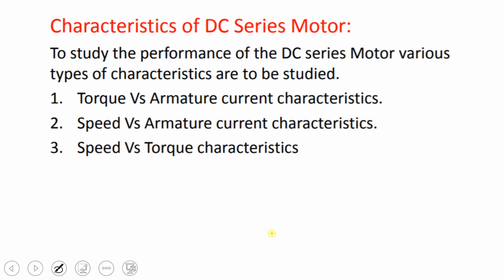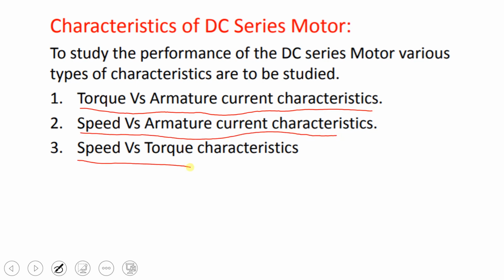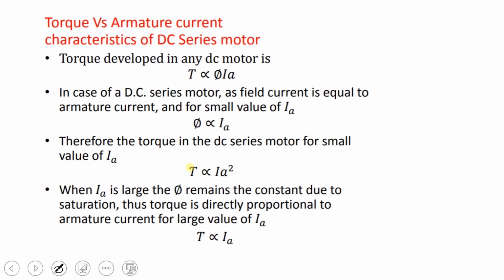These are the characteristics of DC series motor. Here again we have three characteristics: torque versus armature current, speed versus armature current, then speed versus torque. We discuss them one by one. The first one is torque versus armature current characteristics of DC series motor.